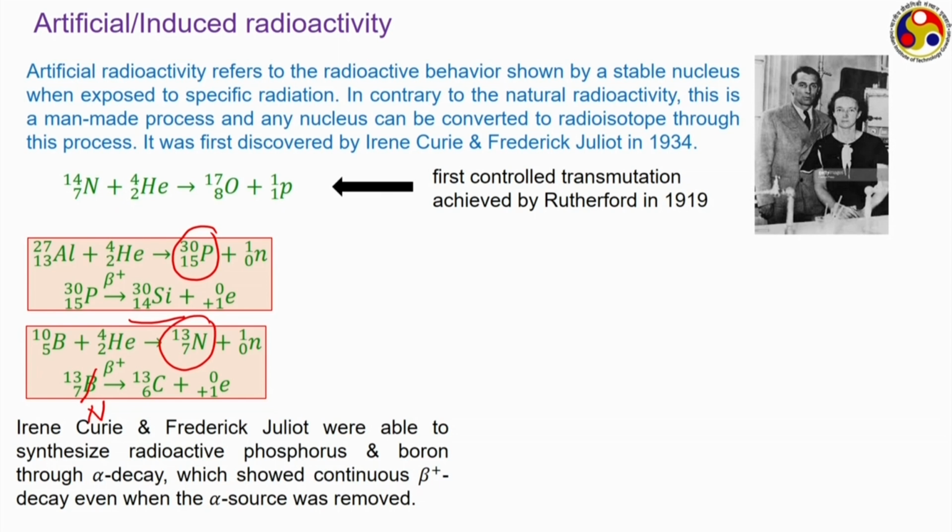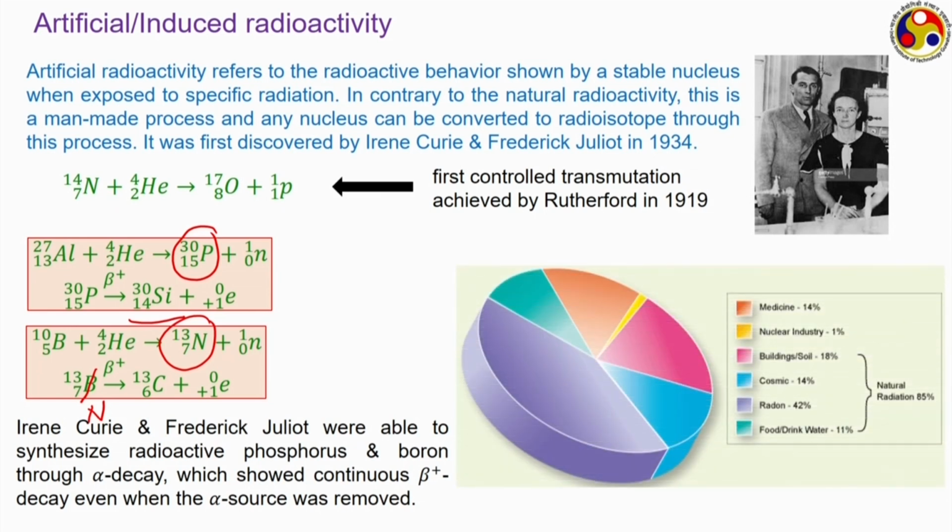This has immense importance not only in the field of nuclear power generation, but in several other fields. Here a pie chart is shown about different kinds of radiation that we can experience in nature, where almost 85% comes from natural sources such as our buildings and soils, which contribute 18%, and the food and drink that we have, and also very much natural sources such as cosmic radiation coming from outer space, and radon.